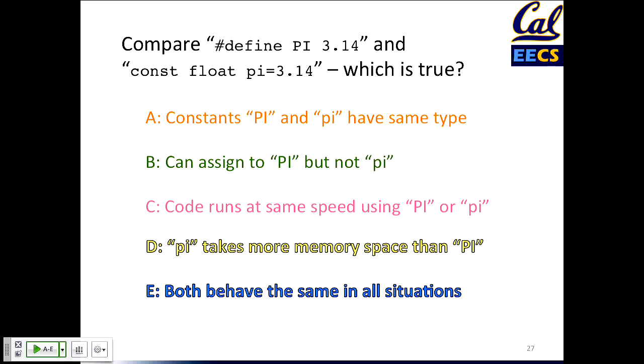A, uppercase PI and lowercase pi have the same type. B, you can assign to uppercase PI but not to lowercase pi. C, code runs at the same speed whether you use uppercase PI or lowercase pi. D, lowercase pi takes more memory than uppercase PI. And E, both behave the same in all situations.